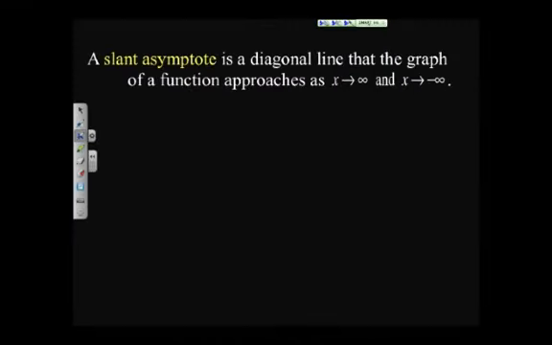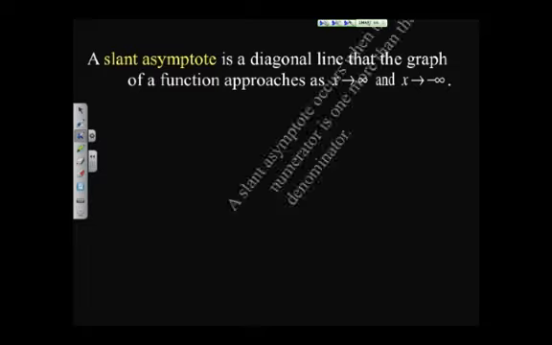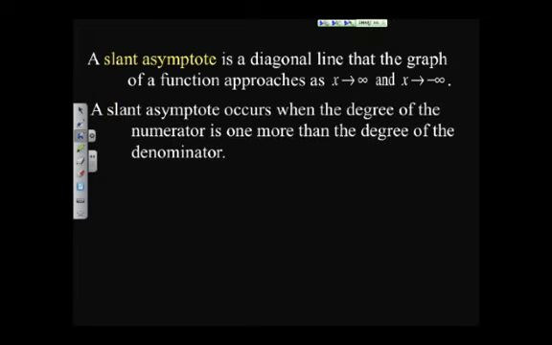Now, a slant asymptote is related to a horizontal asymptote, except it's going to be a diagonal line. And this is a diagonal line that the function approaches as x approaches infinity or -infinity. And again, we're talking about end behavior. A slant asymptote occurs when the degree of the numerator is 1 more than the degree of the denominator.